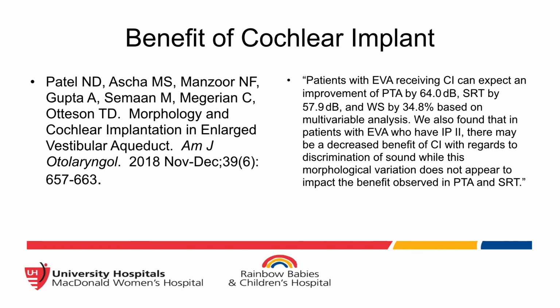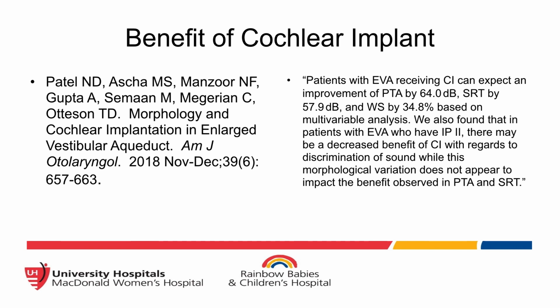There was one additional study that looked at the benefit of cochlear implant in patients who have enlargement of the vestibular aqueduct. Patients with EVA receiving a cochlear implant can expect a significant improvement in their pure tone average by 64 decibels, improvement in their speech reception threshold by nearly 58 decibels, and improvement in their word discrimination scores by almost 35% based on multivariable analysis.